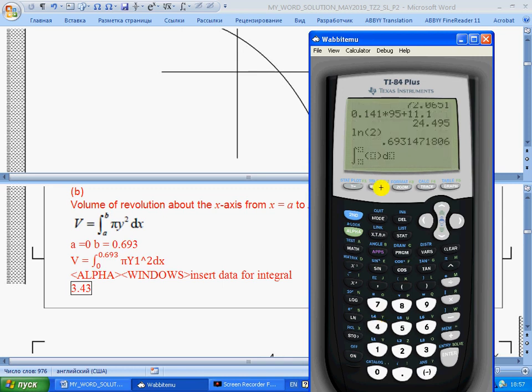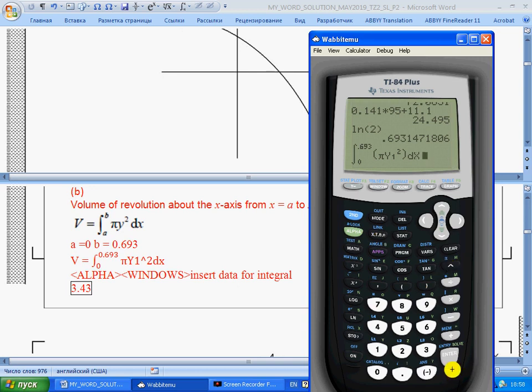Now we should put in our values: 0.693, pi, and here we need to put our function squared, so we press alpha, trace, choose our function y1, and it should be squared, so we put square. Then we go to the right to x.